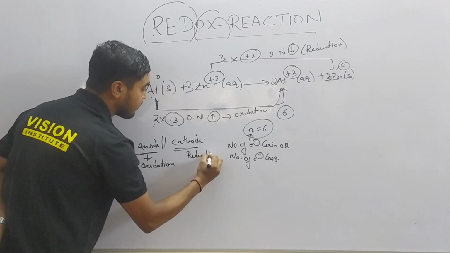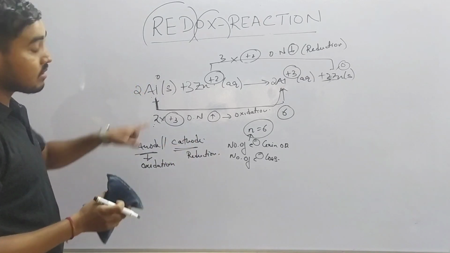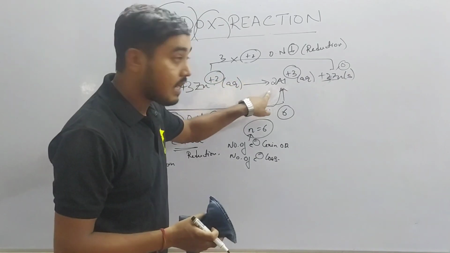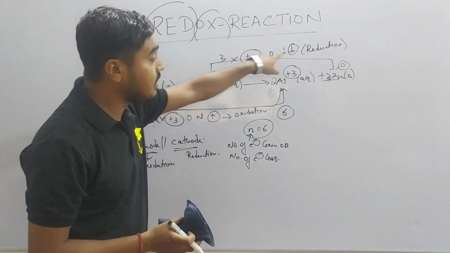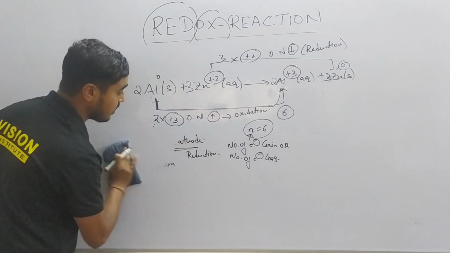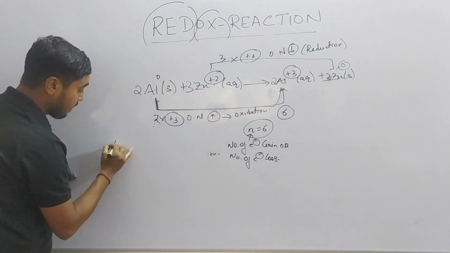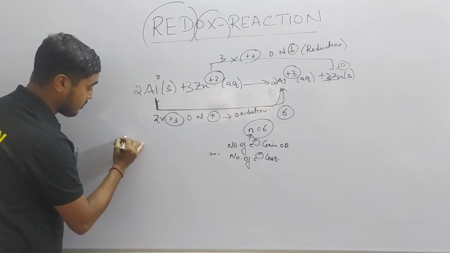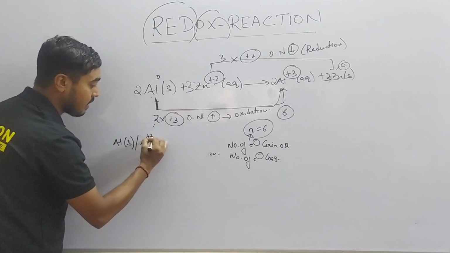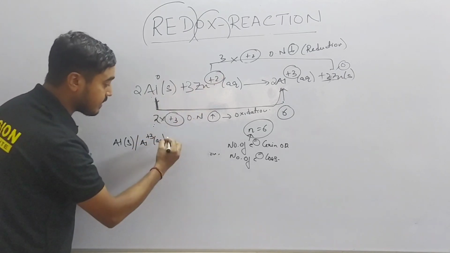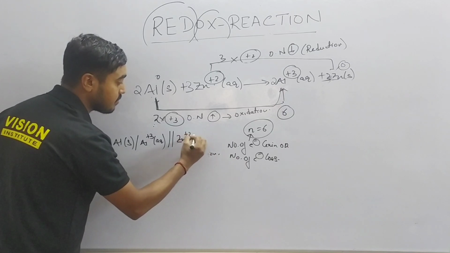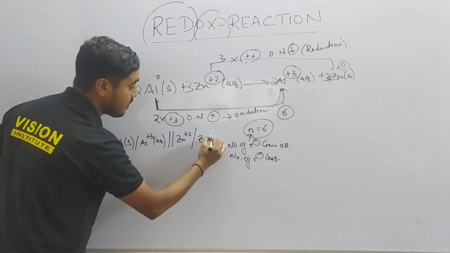So first I have to write the representation of the anode, that means oxidation, and then I can connect it with the representation of reduction. So aluminium solid is converted to Al3+ aqueous, and it is connected with the help of a salt bridge with Zn2+ to Zn solid.